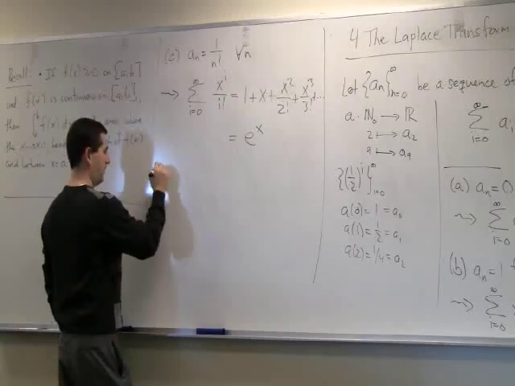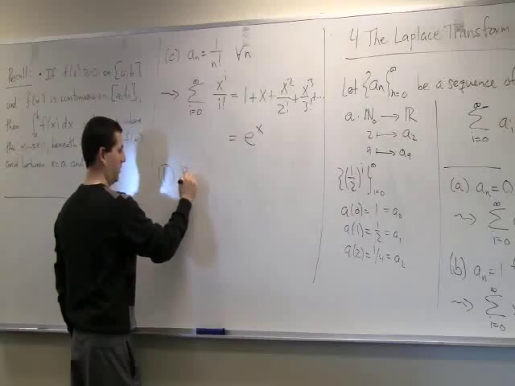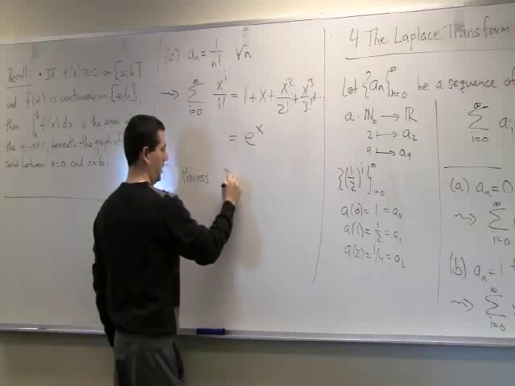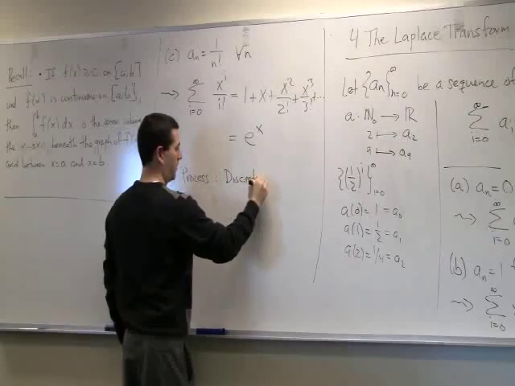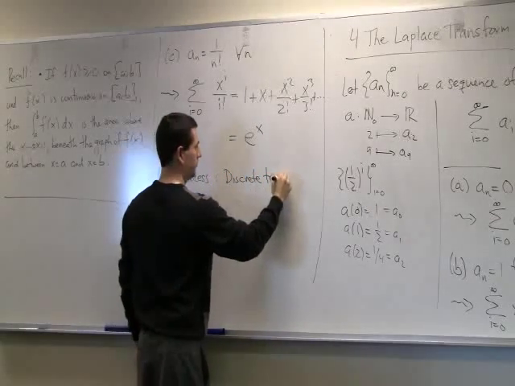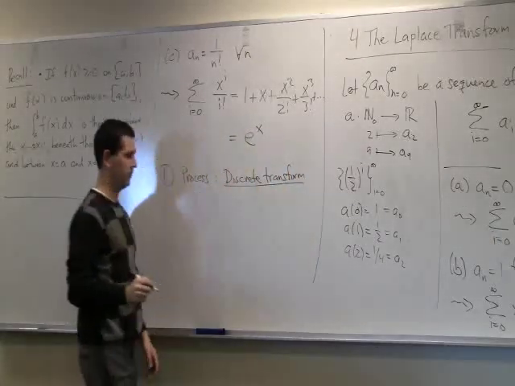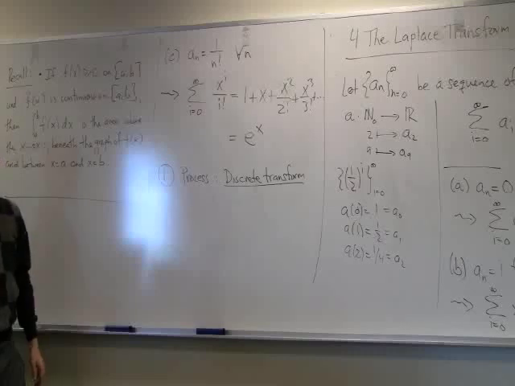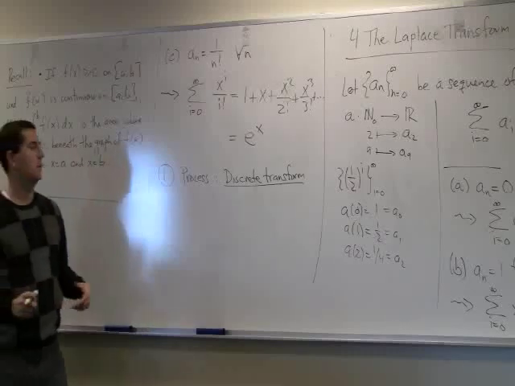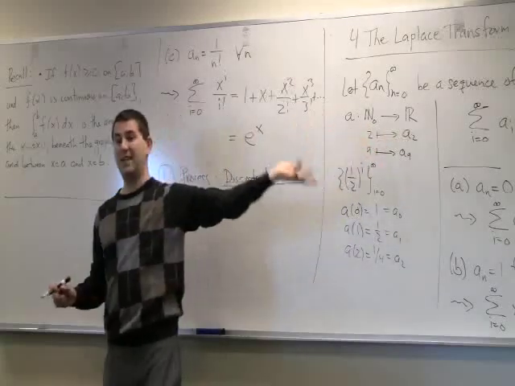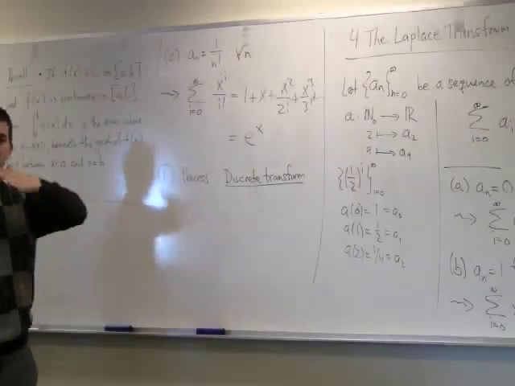So this will be our first process, and we're going to call it a discrete transform. We're not going to use this anymore. I'm only doing it for comparative purposes. The reason I call it discrete is because we're only using natural numbers as our inputs. Our next thing will be a continuous transform, where we allow all real numbers.